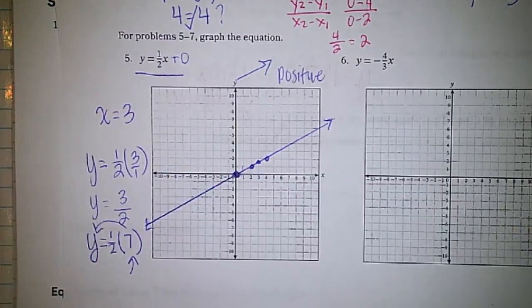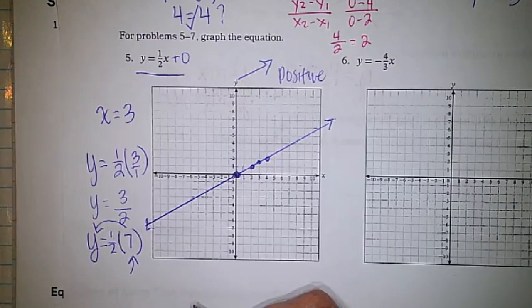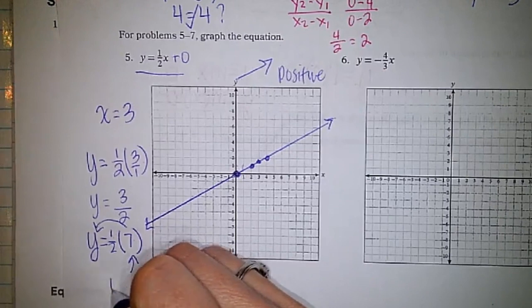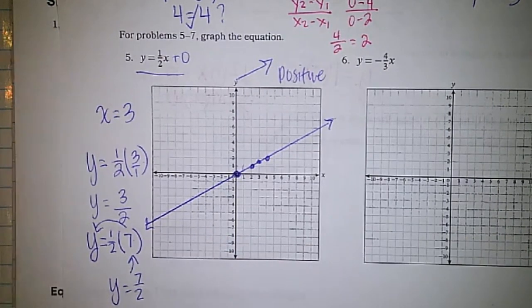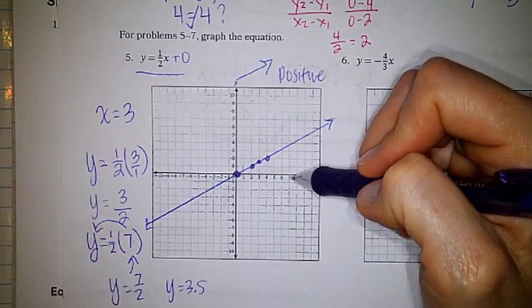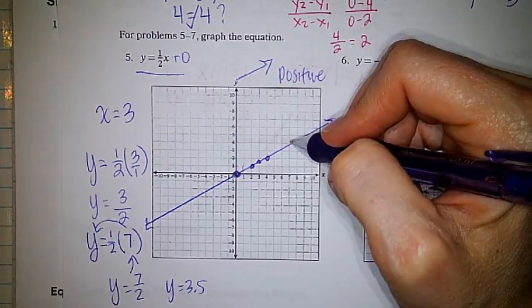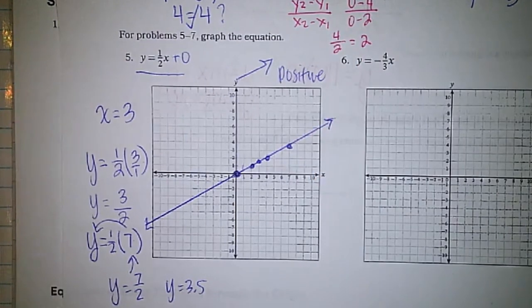What's 1 times 7? 7. And what's 7 divided by 2? 3.5. So y equals 3.5. If we go to 7 and we go here, is it about 3.5? Miss Godey's line is just off, but it should be there.